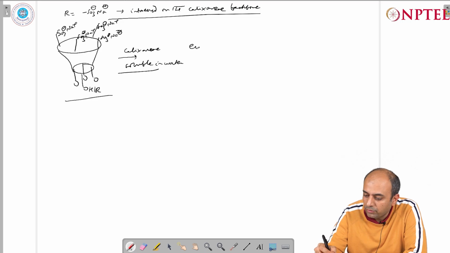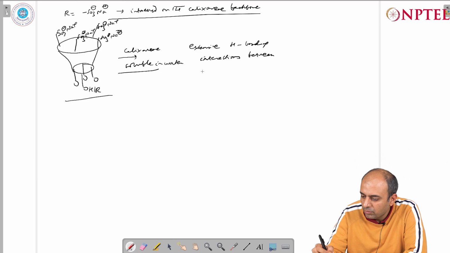there are extensive hydrogen bonding interactions between calixarene plus water.